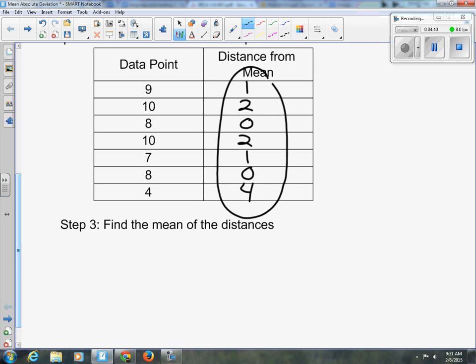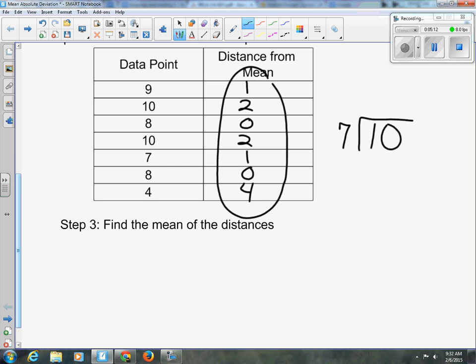Okay, well, we got to add them up and divide by 7. 1 plus 2 is 3, plus 0 is 3, plus 2 is 5, 6 there, 10. 10's our total, right? Divided by what? 7. Don't forget, 0 is a number. 0 counts. Okay?